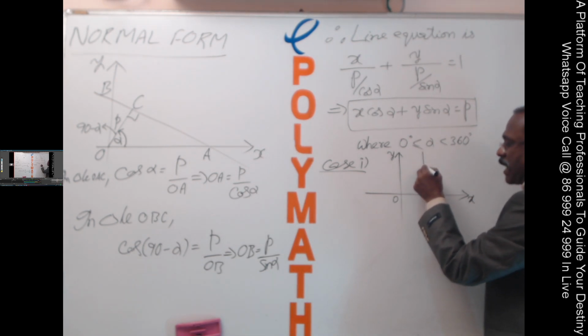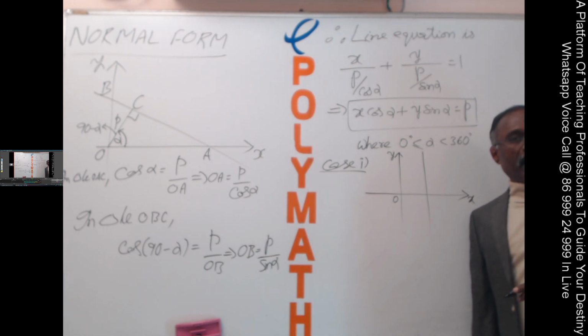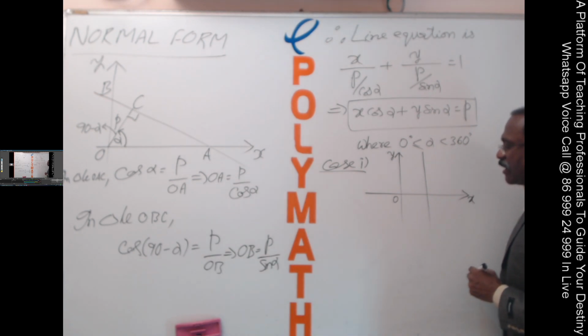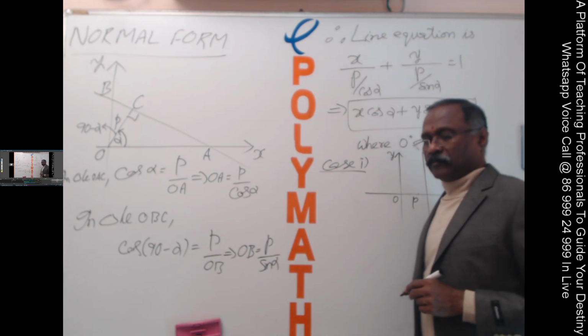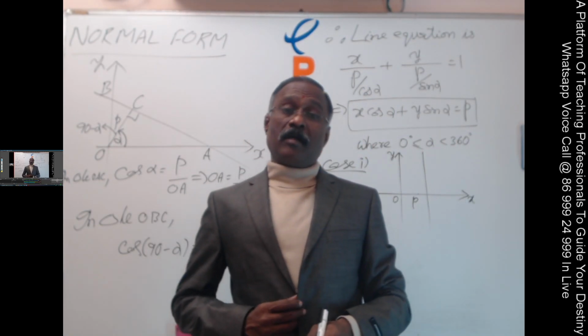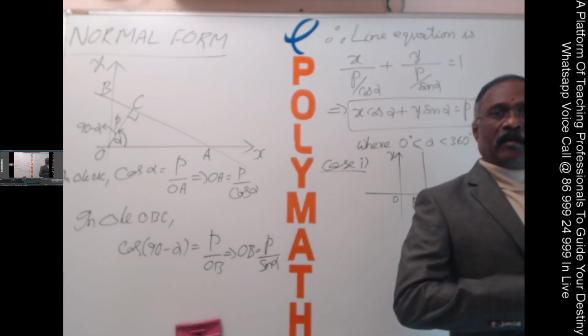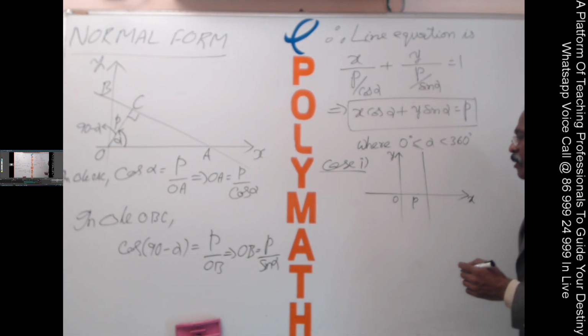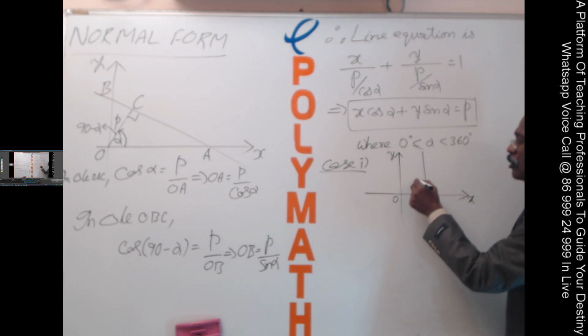The line is parallel to the y-axis. Let us understand it is at a distance of p units, as given in the data. Now, let me understand what alpha is here. Here, the angle made by the perpendicular with the x-axis is 0. So, in this case, alpha is 0 degrees.